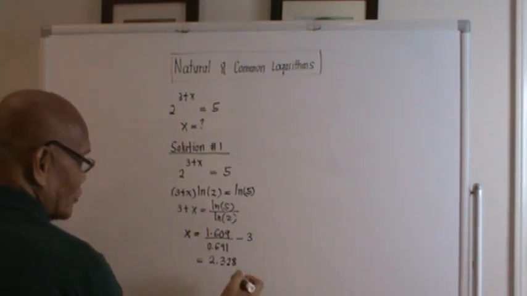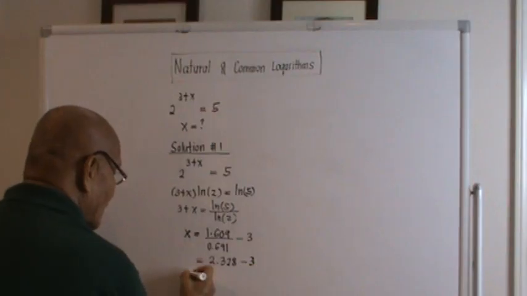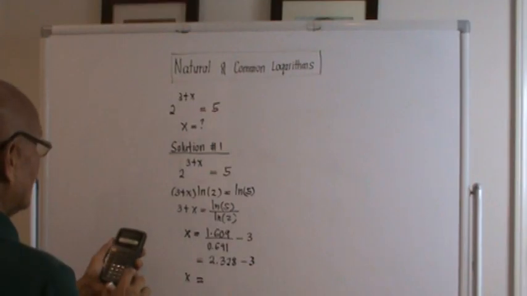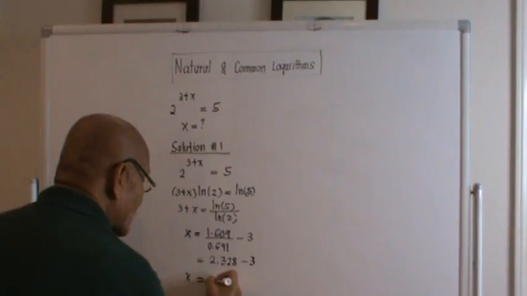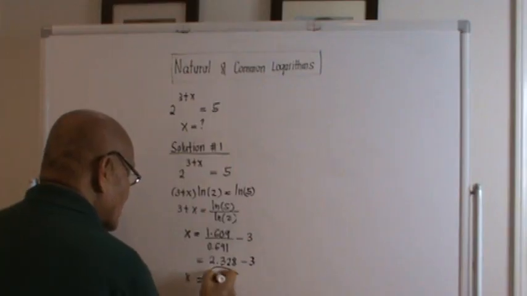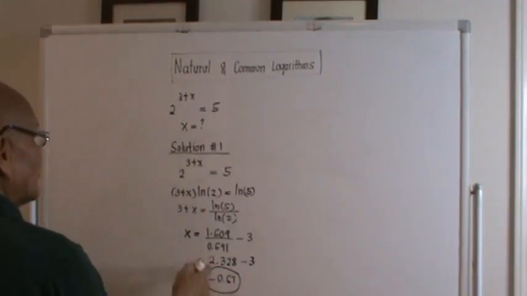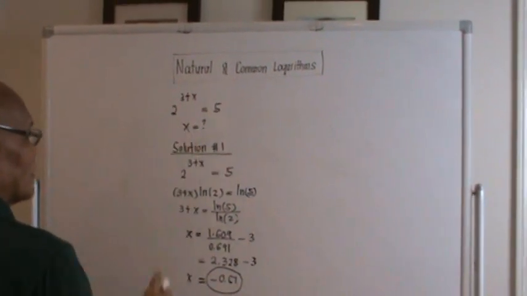So 2.328 minus 3, and the value of x equals minus 0.67. So the value of x here should be negative 0.67.